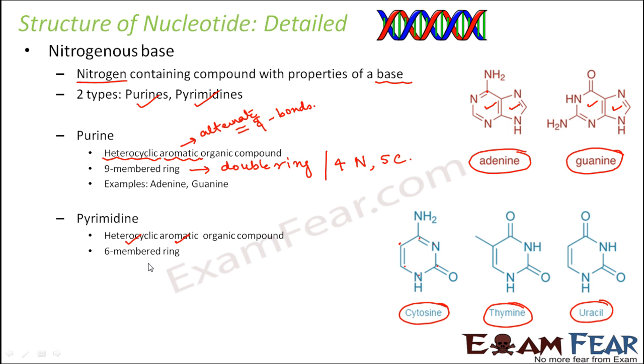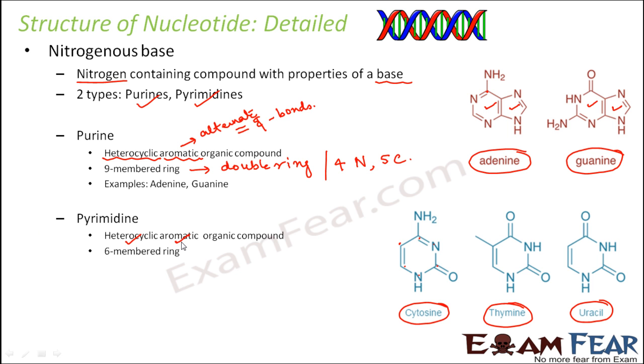In this 6-membered ring, you see that they also have alternate double and single bonds. Somewhere you have a double bond, then again you have a single bond. However, the pattern is a little different from what you had in purines. But again, this is also cyclic, and this also has atoms from different elements.